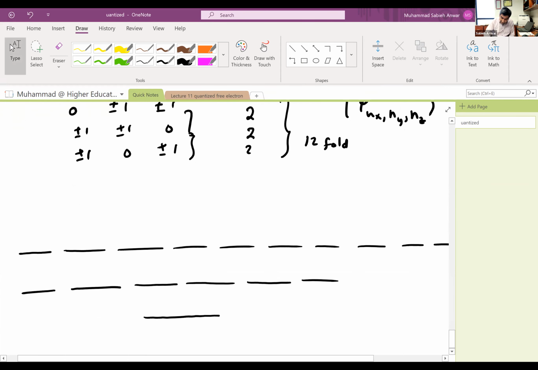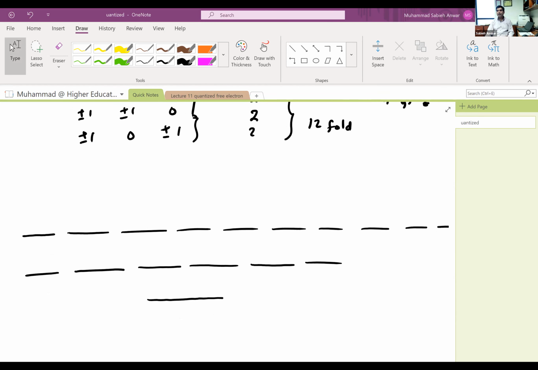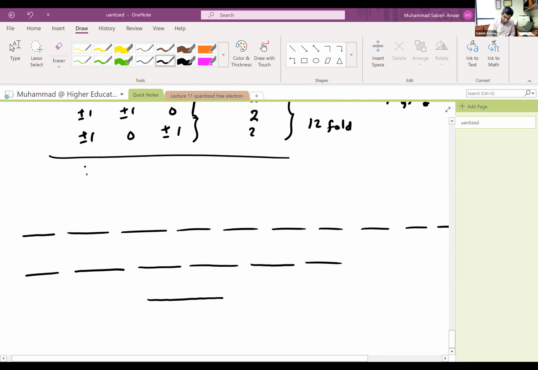So I can make this energy level manifold. Okay, and I get degenerate states for different values of n. Likewise, I can have plus minus 1, plus minus 1, plus minus 1. This is an 8-fold degenerate state, an energy of 3 units.